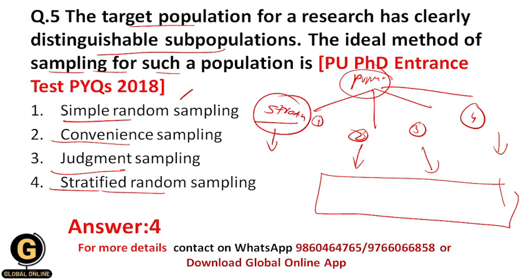Okay, this is so simple. Within simple random sampling, you have a target population, and from the target population itself you randomly select the sample. In convenience sampling, according to the researcher's convenience, he or she selects the sample for his or her study.